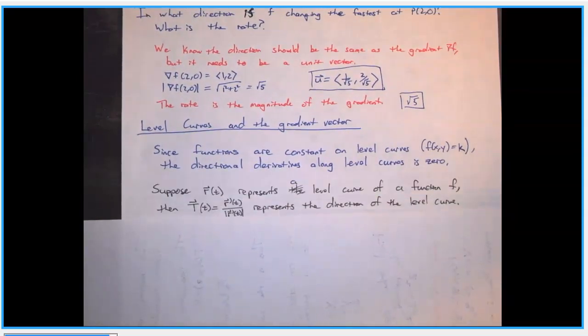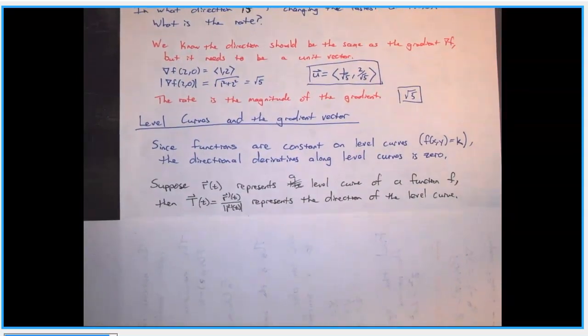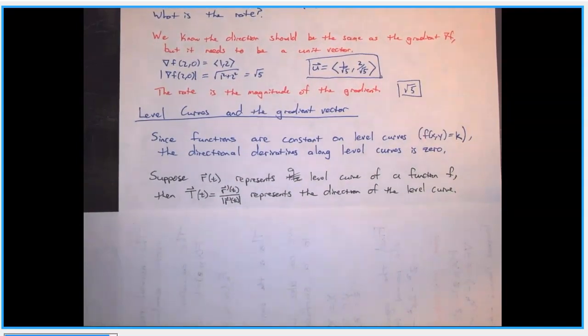Okay, well, what if we can find a parameterization for a level curve, call it r of t, and then we define the unit tangent of that level curve. We have to assume that this level curve is smooth, meaning it has a derivative and it's non-zero everywhere. Then the unit tangent vector, capital T, is going to be the direction vector for that level curve, kind of like the u in our definition of directional derivatives.